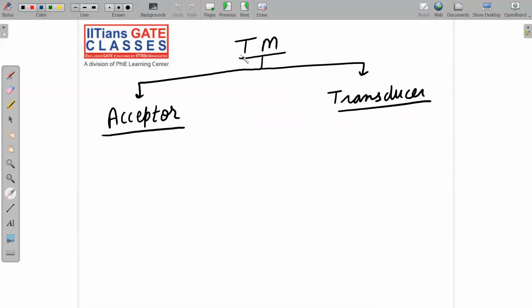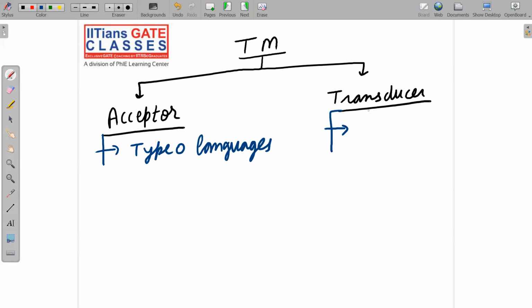The Turing machine can act as an acceptor as well as a transducer. As an acceptor, it can accept type 0 languages.